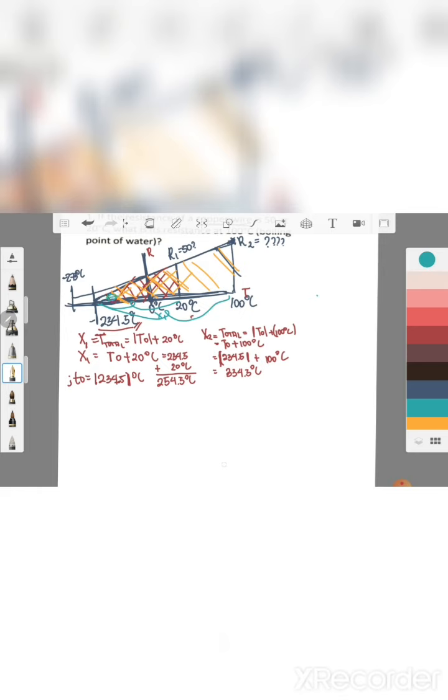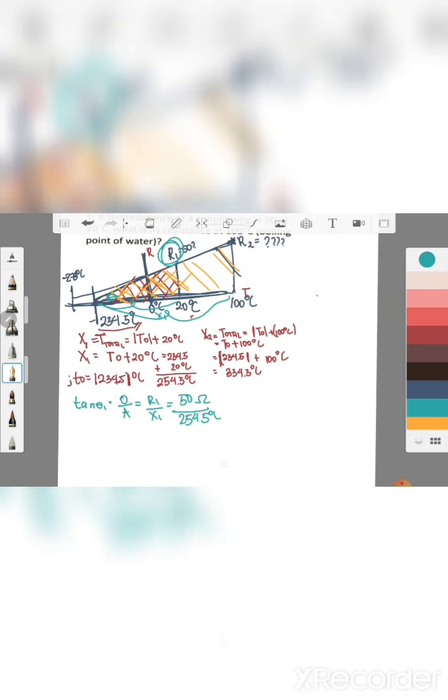So therefore we have tan theta 1 is equal to opposite over adjacent. Our opposite is equal to our resistance 1, which is R1, all over our adjacent, which is our x1. Therefore it is equal to 50 ohms divided by our x1, which is equal to 254.5 degrees Celsius.